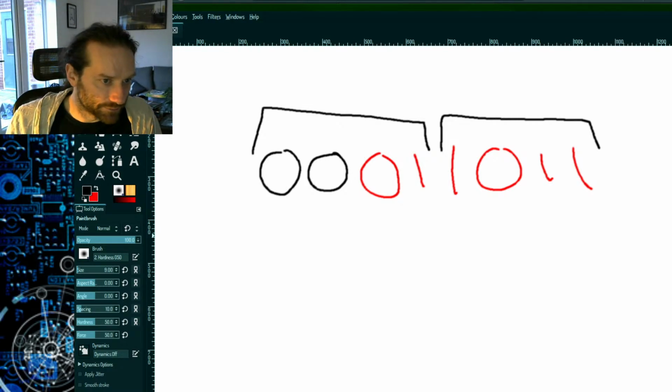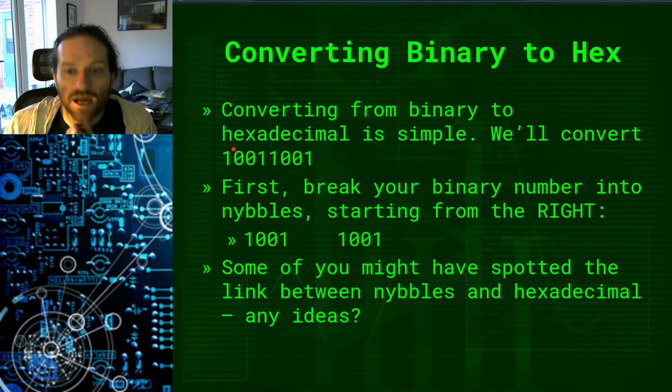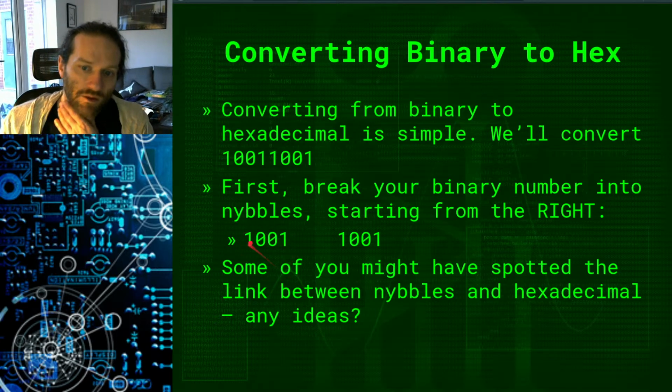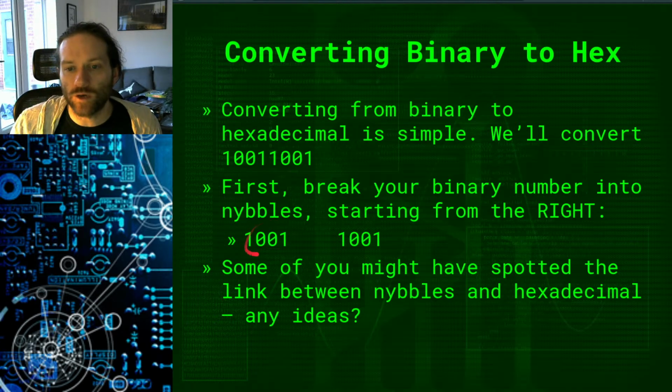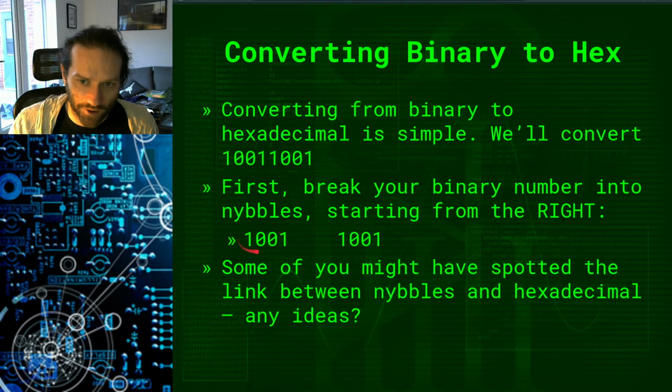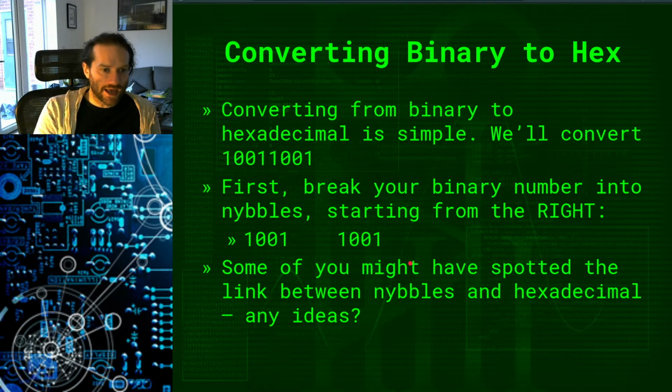Okay, so anyway, getting back to what we've got here, you start off by breaking up this number into nibbles, right? Can any of you remember the connection between nibbles and digits of hexadecimal? Does anyone know what the connection is between each nibble and each digit of hexadecimal and why that connection exists?